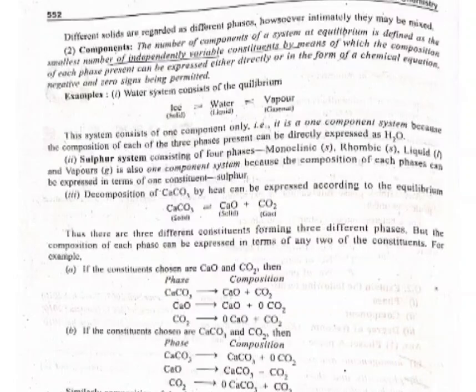Similarly, the composition can be explained in terms of calcium carbonate and calcium oxide. Thus, the dissociation of calcium carbonate is a two-component system.